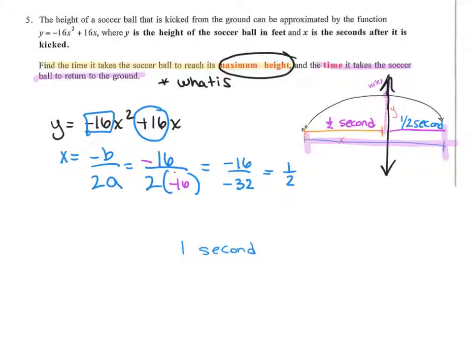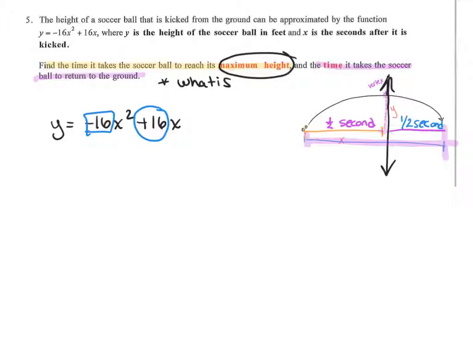And the value of y when I am at the highest point is going to be the value of y when x is 1/2. So using my equation, I am going to plug in that 1/2 to find out what the y is equal to.